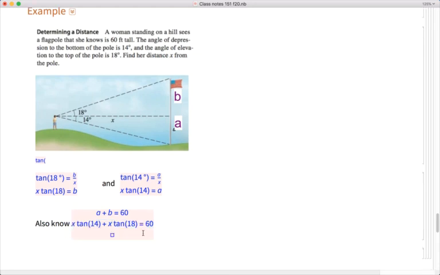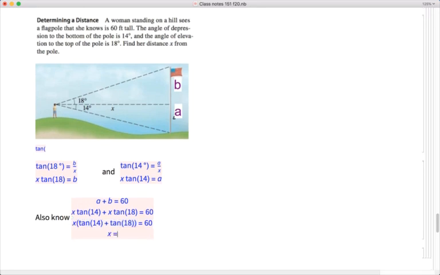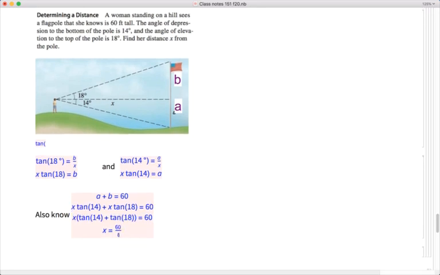I can factor out the X: X times (tan 14 plus tan 18) equals 60. Then I can divide through to get my final exact answer: X equals 60 divided by (tan of 14 plus tan of 18). I'll end the video there. I'll put the final answer into the PDFs if you want to look it up, but you should try it on your calculator first.